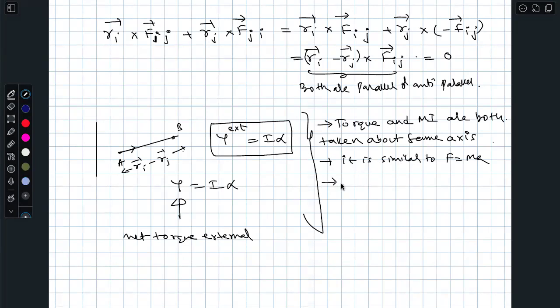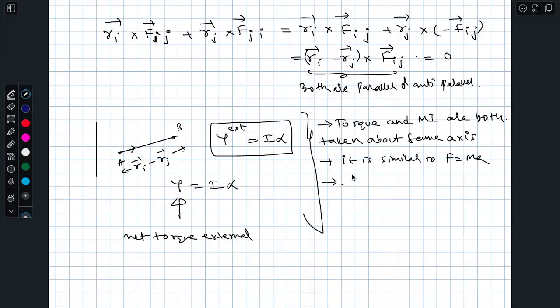And next, since I depends on the choice of the axis of rotation, because I told you at the beginning that moment of inertia depends on the axis of rotation, the same is true of the torque. It also depends on the selection of the axis of rotation.